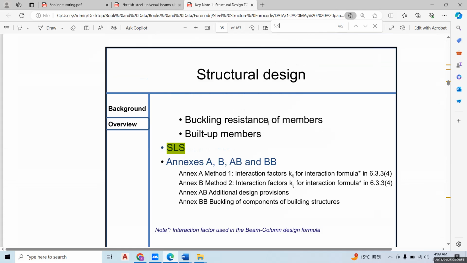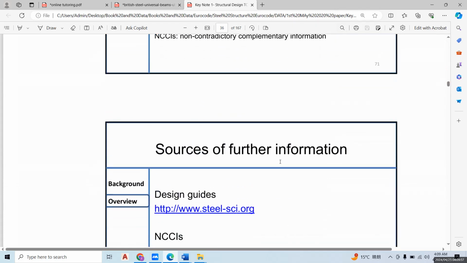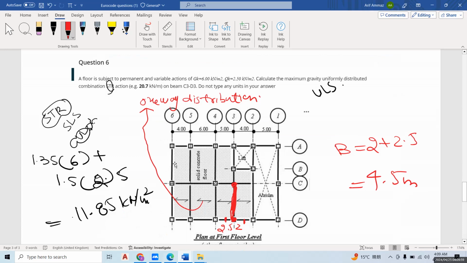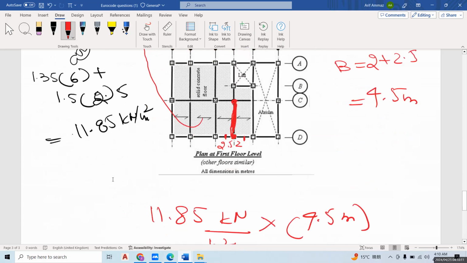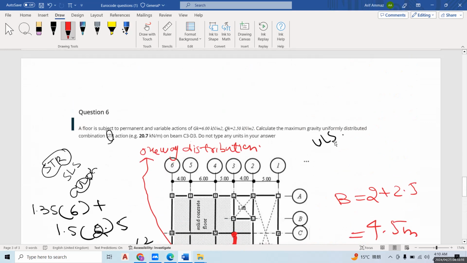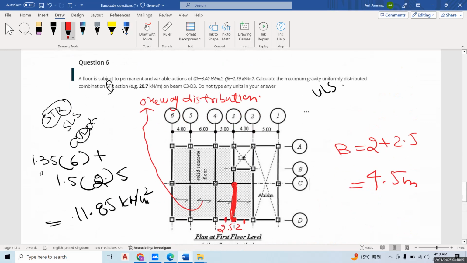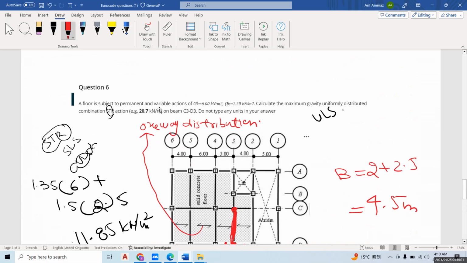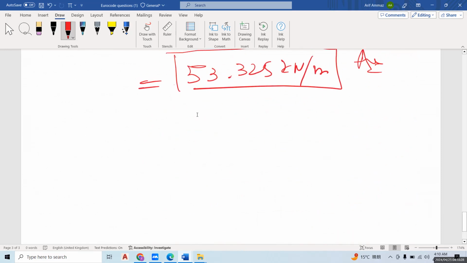But I am saying that if your professor says that this is your SLS condition, then you need to add these two values, 6 and 2.5. But if he says it is ULS, then you have to multiply 1.35 with the permanent load. Let me write a summary here.